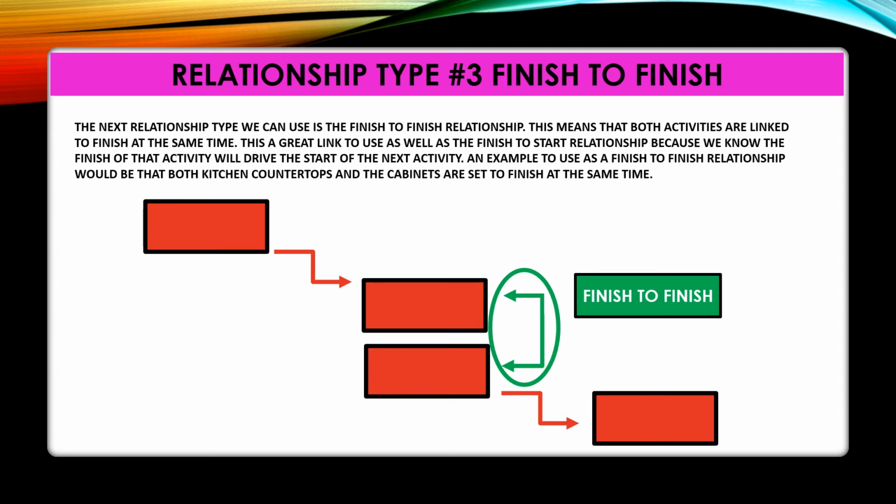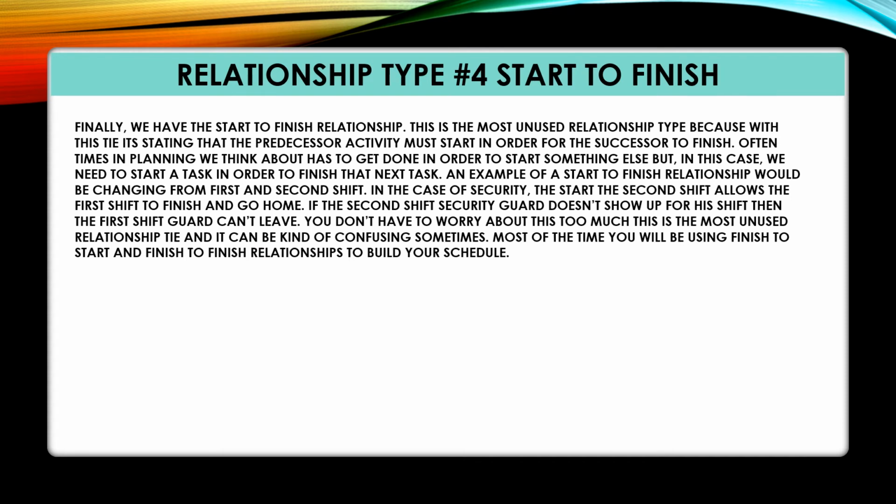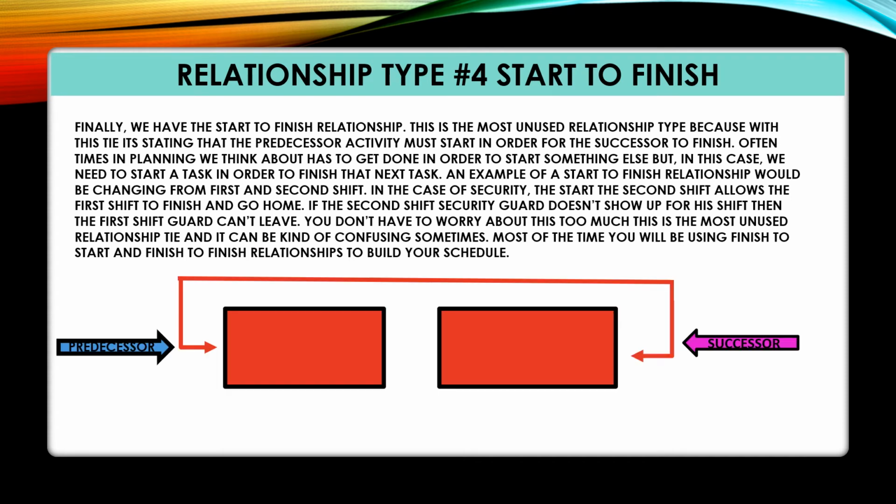And then finally, we have the start-to-finish relationship, which is actually the most unused relationship tie because this tie is stating that the predecessor activity must start in order for the successor activity to finish. Oftentimes in planning, we think about having to get things done in order to start something else, but in this case, we'll actually have to start a task in order to finish the next task.